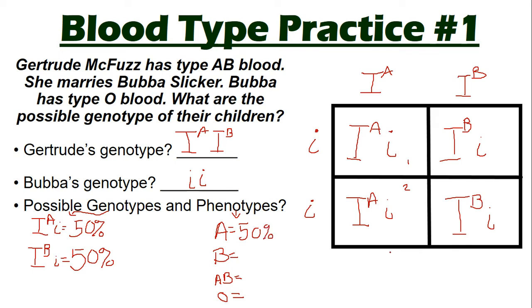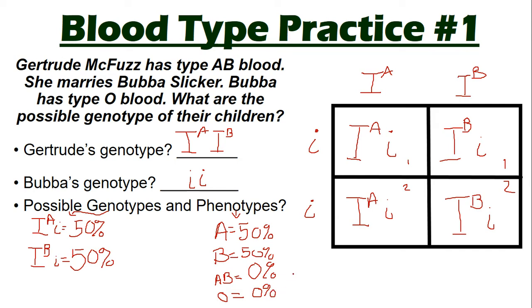How many are for B blood? That's IB lowercase i. I see 1, 2. That's 50%. Are there any genotypes for AB? That's IAIB? No. 0%. And are there any O blood types? That's 2 lowercase letters? No. 0%. So we've solved this Punnett square.